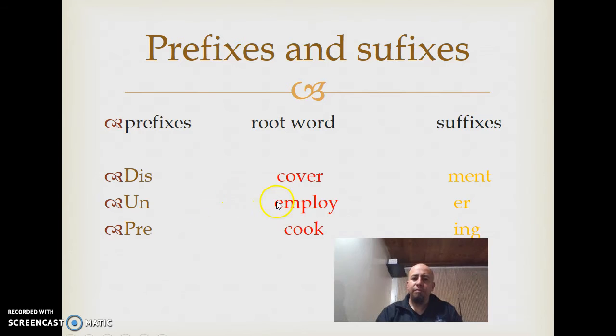All of these are words that we can use, and we can put the prefixes and suffixes. As we saw before, prefixes like this can be used before, and suffixes like this can be after.